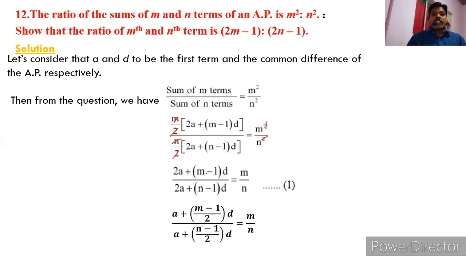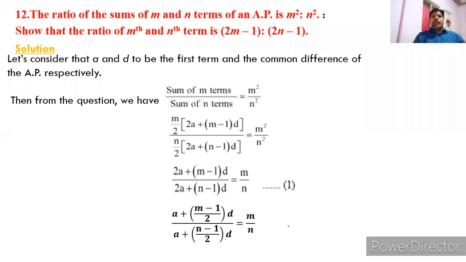So in the next step, from the numerator I am taking the 2 common. So what happens? A plus m minus 1 by 2 into d. I am taking the 2 common in the numerator and also in the denominator. So in the denominator, if you take the 2 common, it will become a plus n minus 1 by 2 into d, that is equal to m by n.